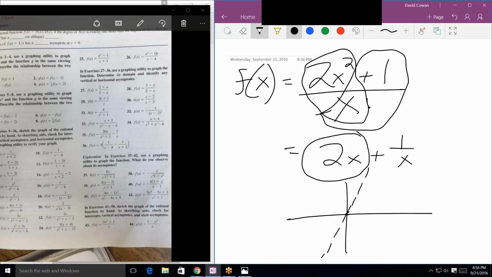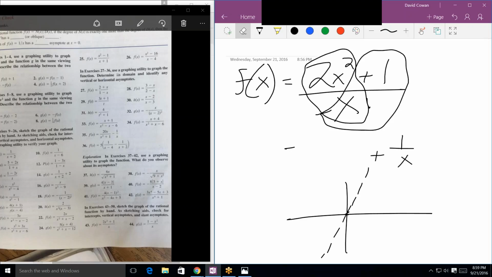In fact, you don't have to look at the original function. You can look at the function that I changed it into, and x still cannot be 0. 1 cannot be divided by 0. So we do have a vertical asymptote at x equals 0.